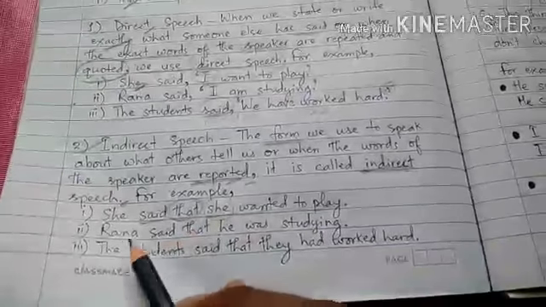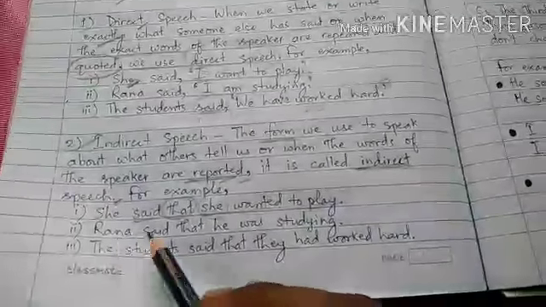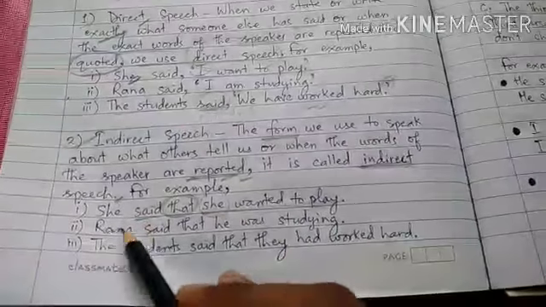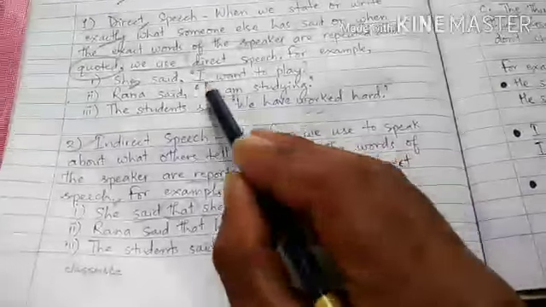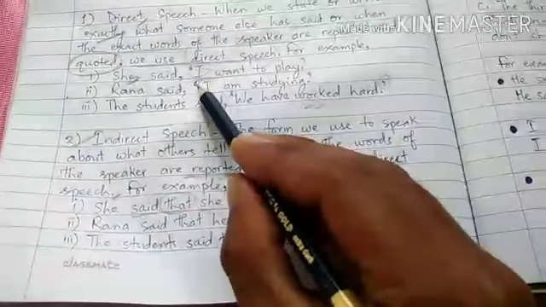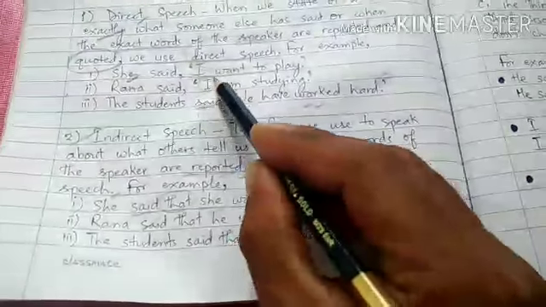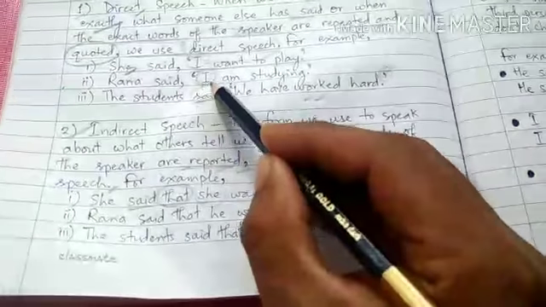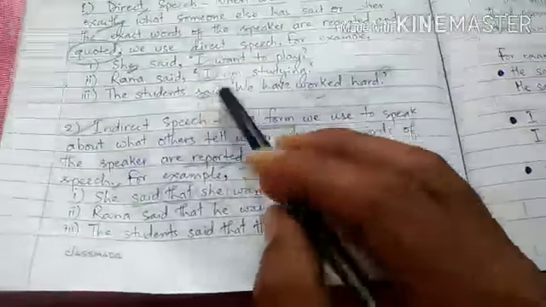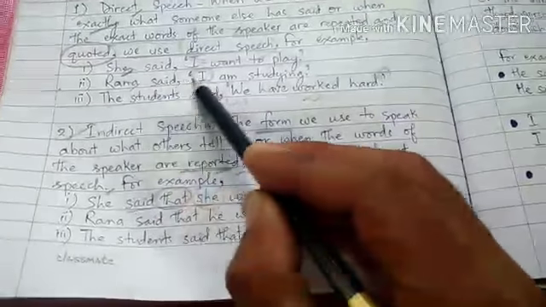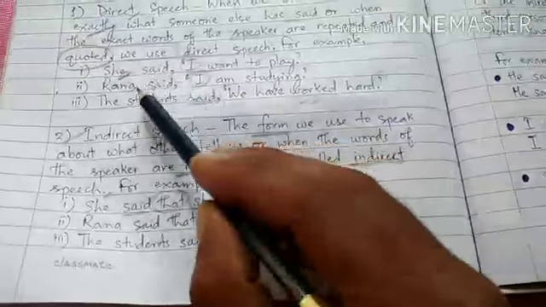Now see, Rana said, I am studying. So here I refers to Rana. Rana is a boy. So here we have to understand the change of pronouns also. I will also explain these points in the later part of this video. Here I refers to Rana, a boy, so I will be he here.